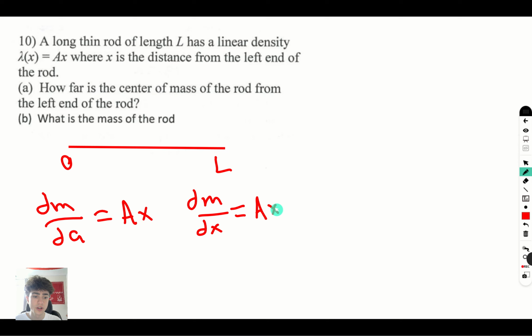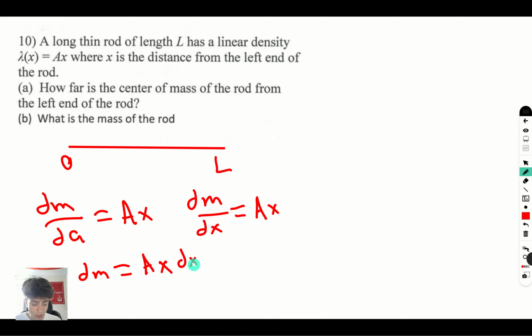And now what we want to do here is get the dm by itself in order to solve for m. So we're going to multiply both sides by dx, and we'll get that dm is a times x dx.